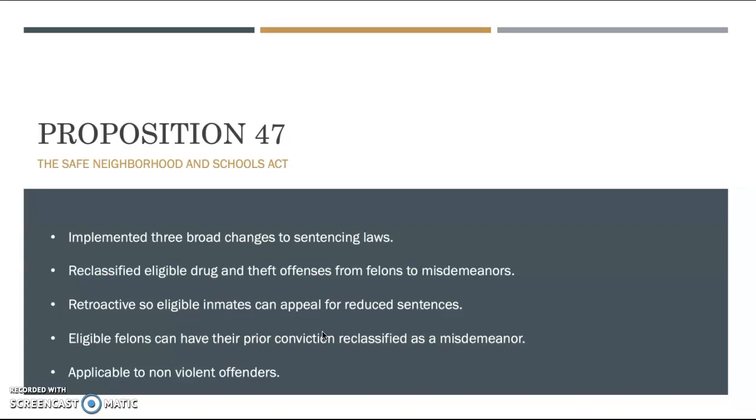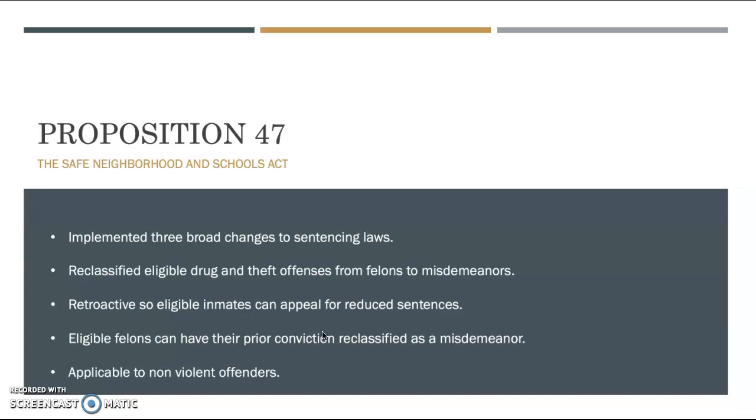After AB 109 was implemented, the second attempt to decrease the prison population was the passing of Proposition 47. This is called the Safe Neighborhood and Schools Act. This act implemented three broad changes to the sentencing laws. The first thing it did was give authority to reclassify eligible drug and theft offenses from felonies to misdemeanors.